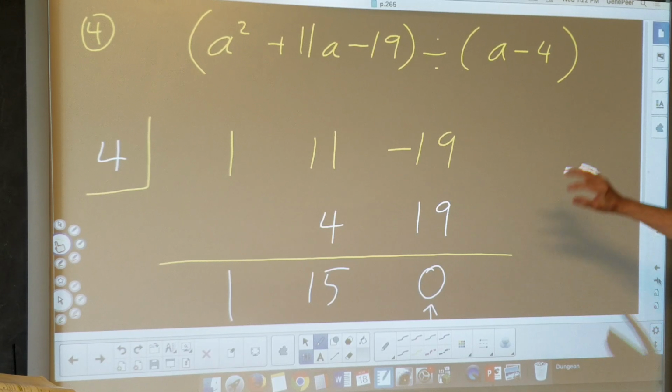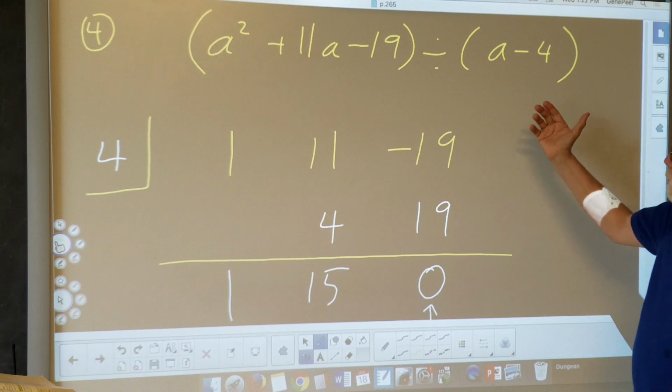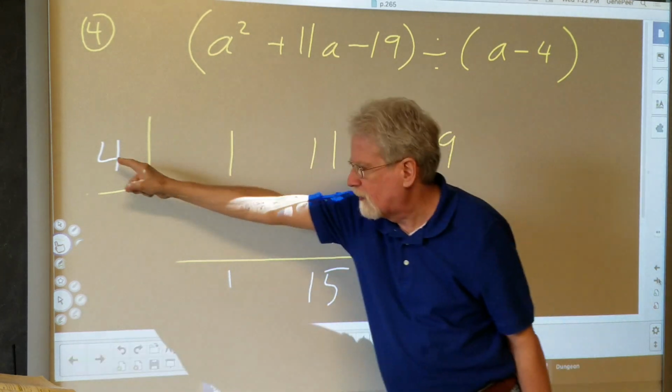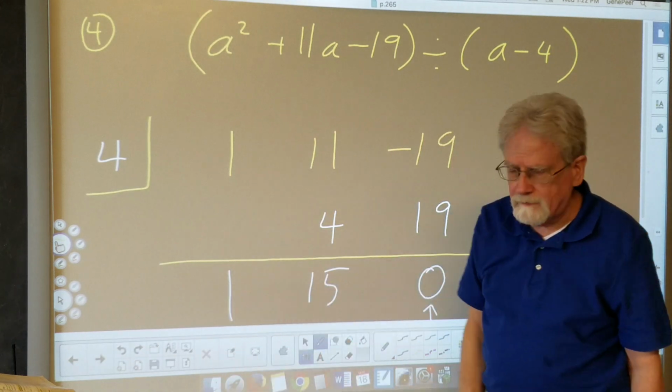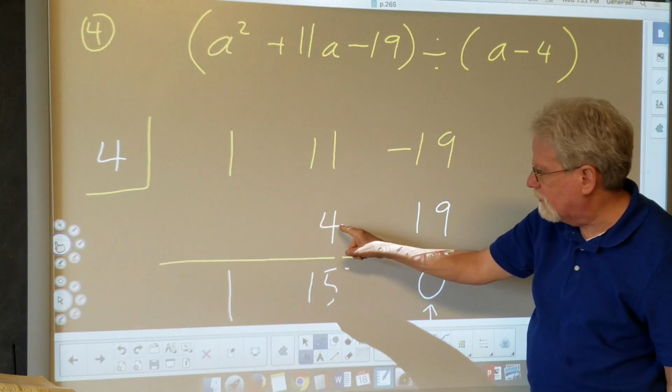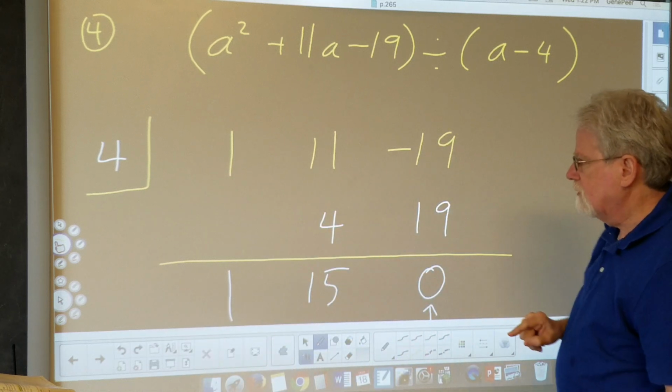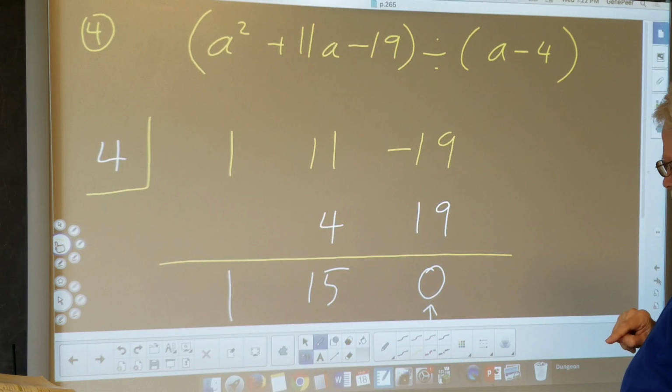Number 4, already set up here for you. Everything's pretty straightforward. We're dividing by a -4, so I'm going to put a +4 here. Bring down the 1. 1 times 4, put it here. Add 15 times 4. What did I do? That doesn't make any sense.